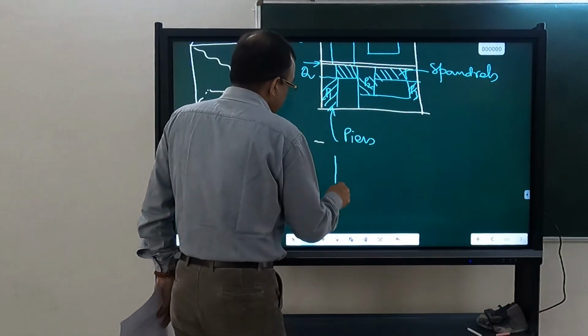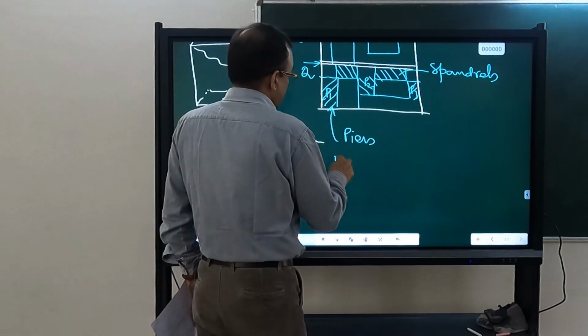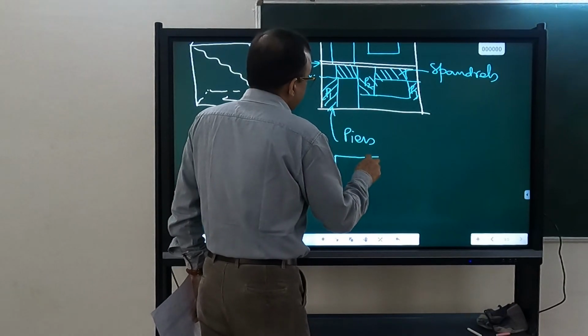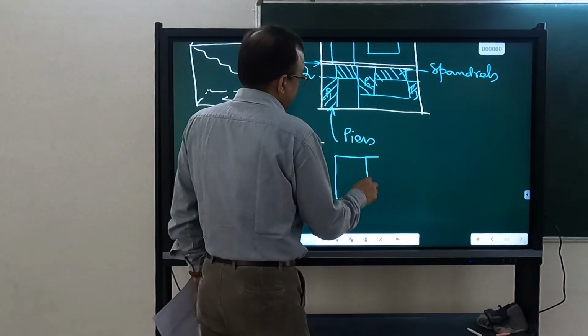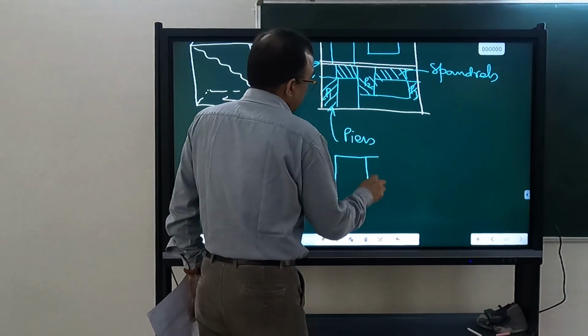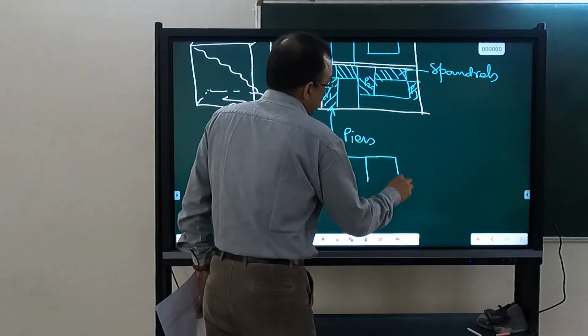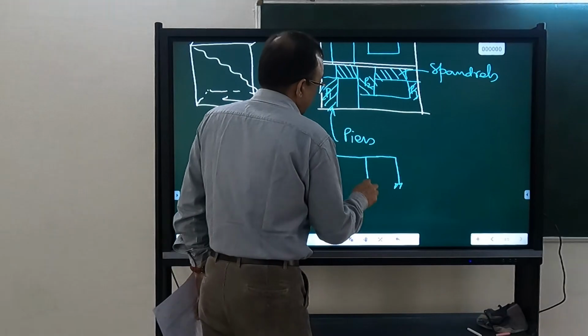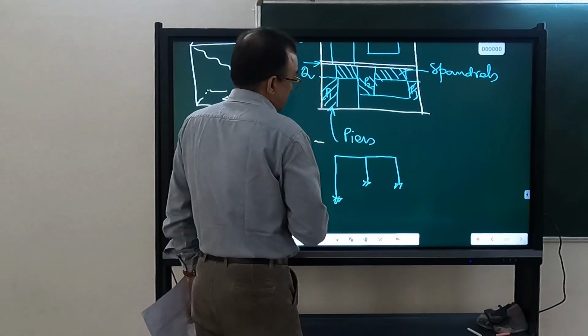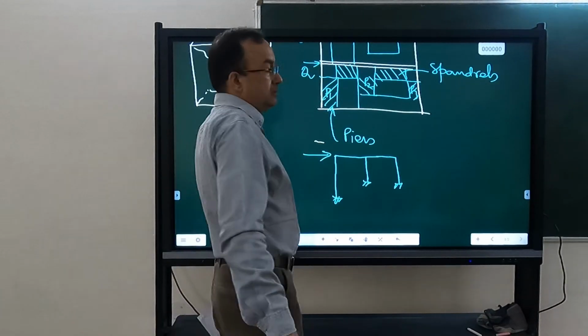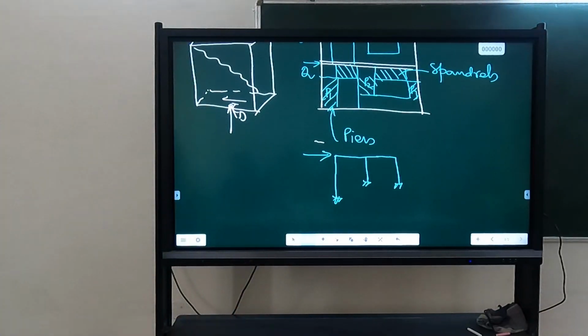The first pier will have this length, the second pier will have this length, and the third pier will have this length. So you can also model this as an equivalent frame. One type of modeling of shear wall, masonry walls is equivalent frame.